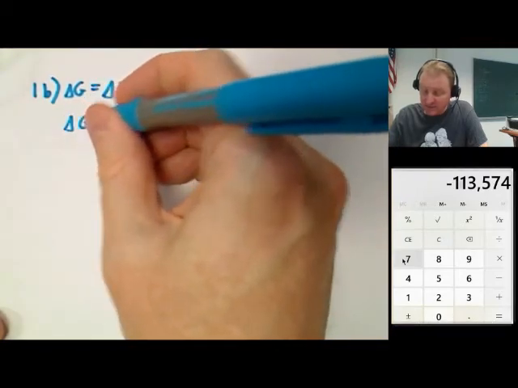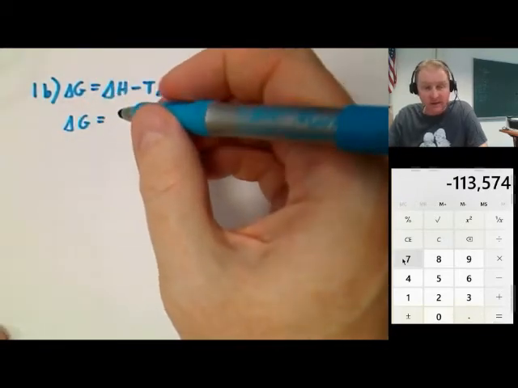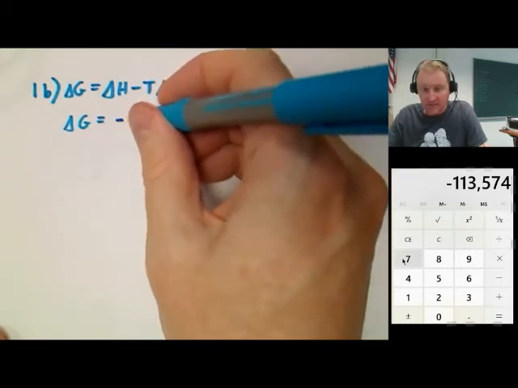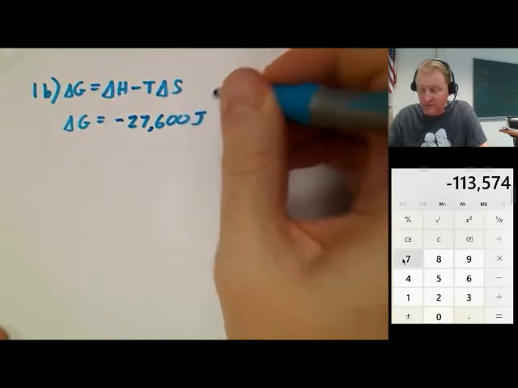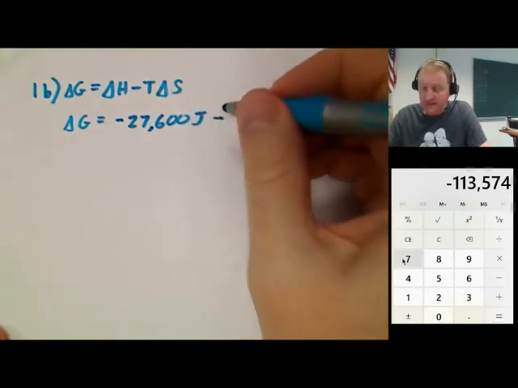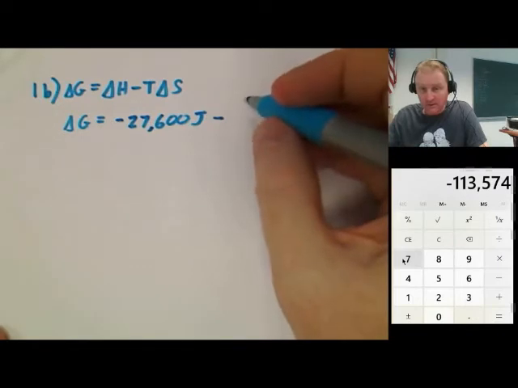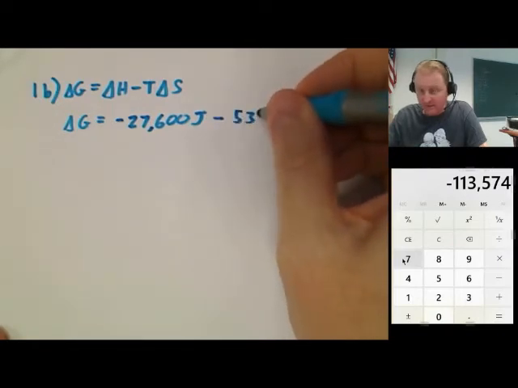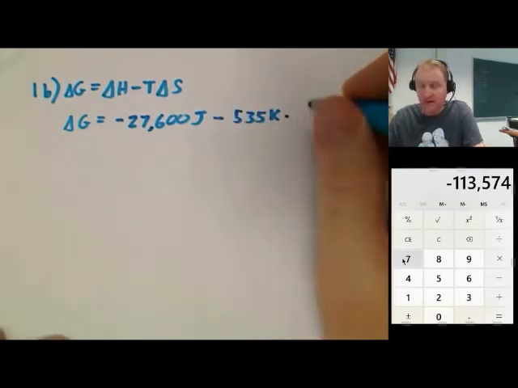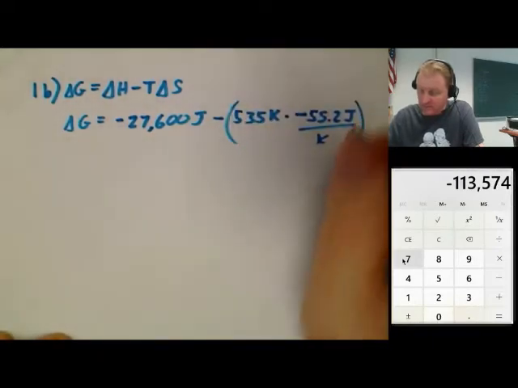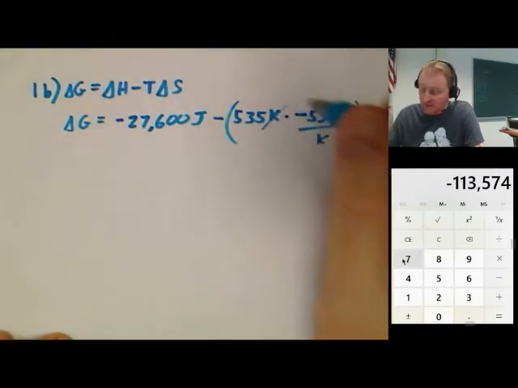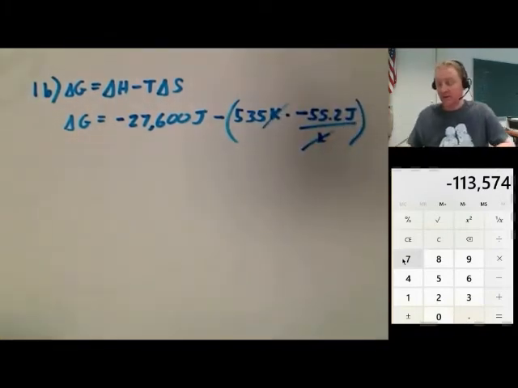So the change in free energy equals, in this case, negative 27,600 joules minus, our temperature is 535 Kelvin times negative 5.2 joules per Kelvin. Same setup as last time. Cancel out my Kelvins. So let's try this.